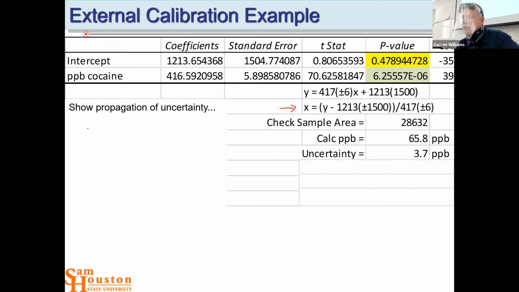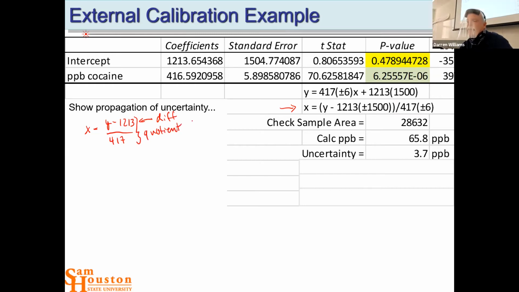So we have X is equal to Y minus 1213 over 417. And so we have a mixed, two-part propagation. We have a difference on top, and we have a quotient.